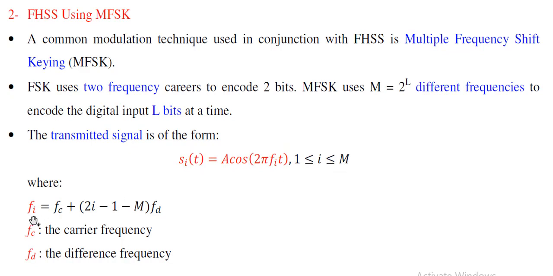Here is the form of the generated signal. Now, if we have M frequencies, if we want to encode L bits, we need M frequencies. For instance, if we need to encode 2 bits, we need 4 frequencies. If we have M frequencies, we have a series of frequencies Fi equal to Fc, the carrier frequency in the center, plus (2i minus 1 minus M) multiplied by Fd, where Fd is the difference frequency.